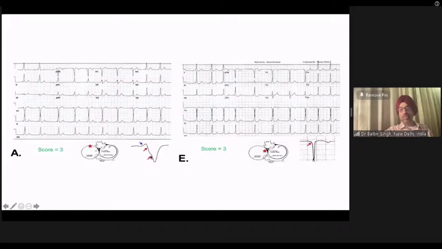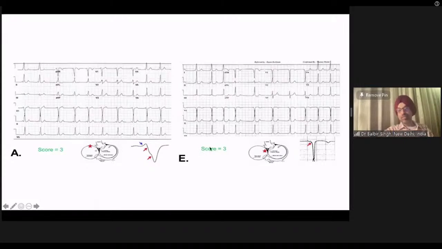The difference lies in V1. So you have a fat R wave and you don't have that in an anteroseptal pathway. And it is a huge difference. You may say that this difference is a few millimeters, but these few millimeters are what is going to matter a lot. And when you go with the idea that you are going for an anteroseptal versus anterior, your catheter placement is also going to be a little different.